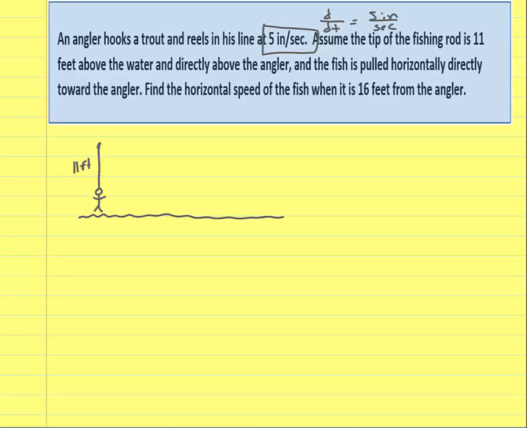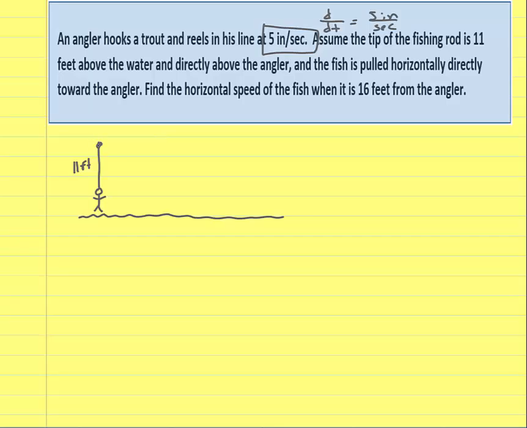When he's reeling in, and of course the fishing pole is not on his head, but when he's reeling this in, he's not moving the pole up and down or back and forth. It's just straight above his head. So this is some information that we have. And it's again directly above the fisherman. The fish is pulled horizontally, so the fish is underwater and it's being pulled toward the fisherman. It says find the horizontal speed of the fish when it is 16 feet from the angler.